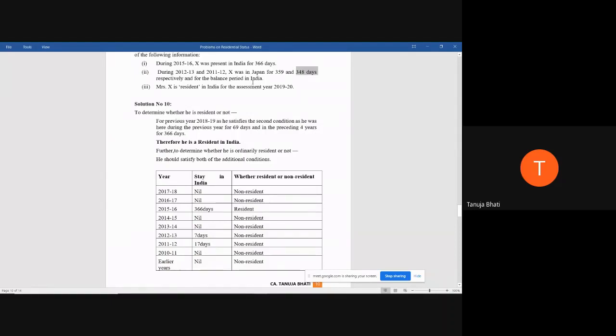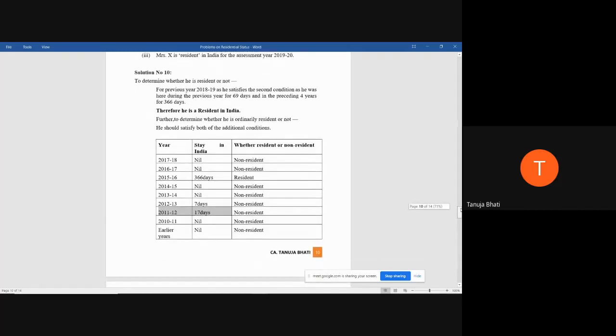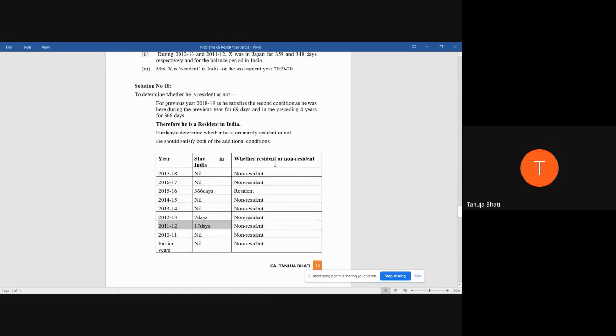And 11-12 was not a leap year. So when it is not a leap year, the number of days will be 365. So 365 minus 348. So balance is 17 days. 17 days he was in India. So in 2011-12, 17 days he was in India. Now, we have to check in all the 10 years which year he was a resident or non-resident. Now, obviously, whichever year his stay in India is nil, he is going to be a non-resident.